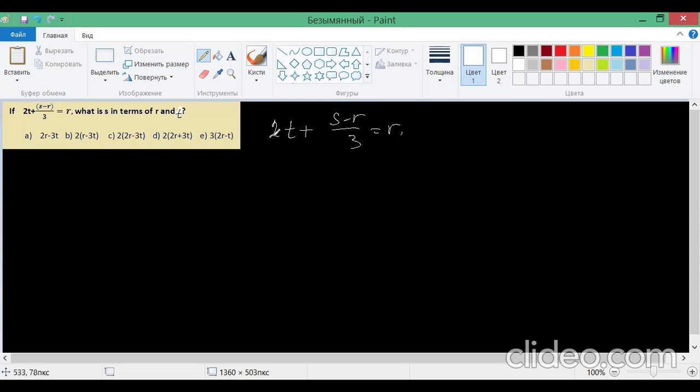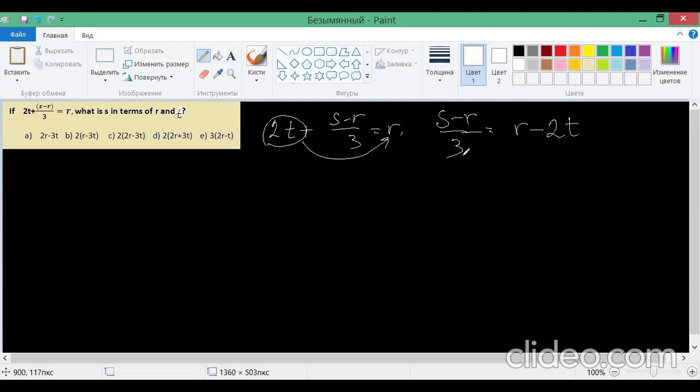Okay, so we need s, right? For that reason, I put this term to the right part, changing its sign, and I've got s minus r over 3 is equal to r minus double t, right? Okay. Now I don't need s with something over 3.